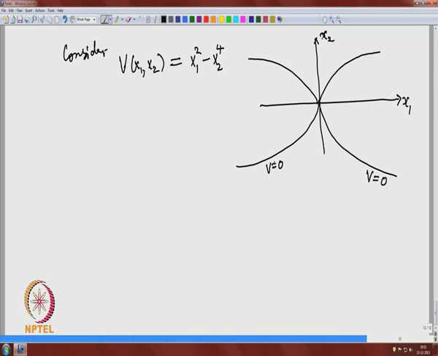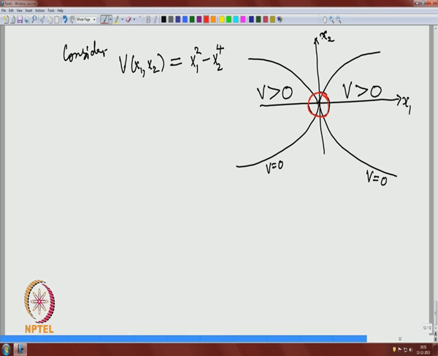Okay. V is 0, and inside this V is positive. So, every neighborhood of the origin contains a small region where V is positive.